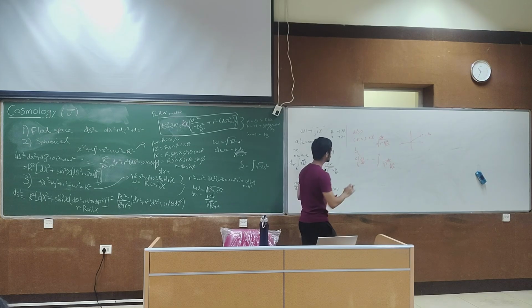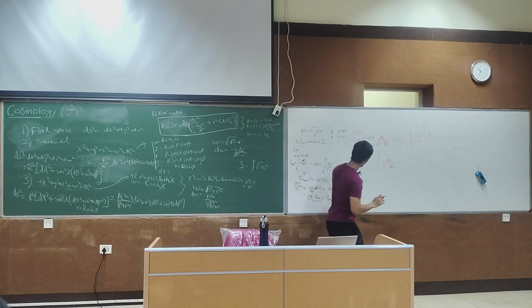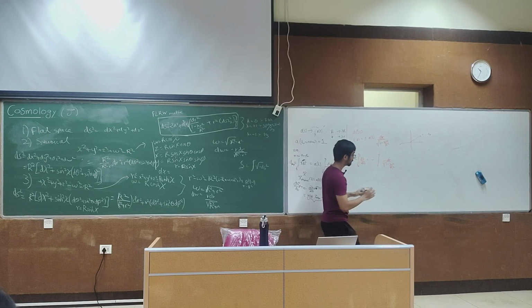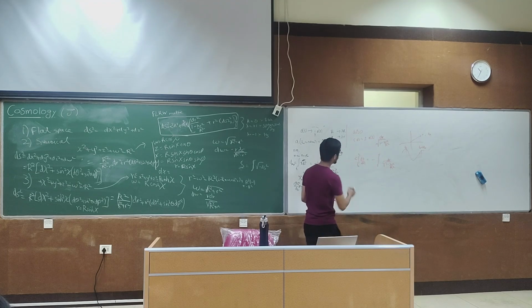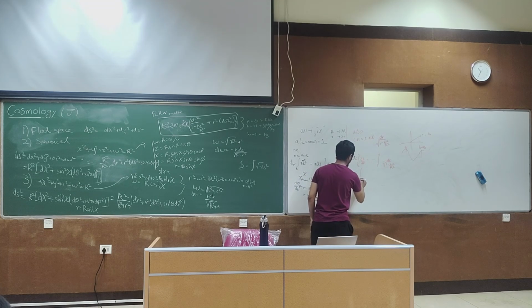Now, say the crest was emitted at t0, a waveform has a crest, right? This was emitted at t0 and the next crest was emitted at t0 plus delta t0. Then similarly we can write this equation, right?